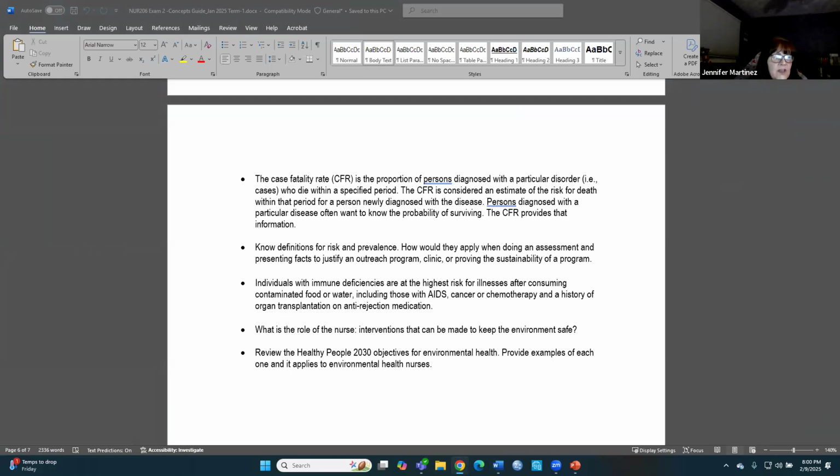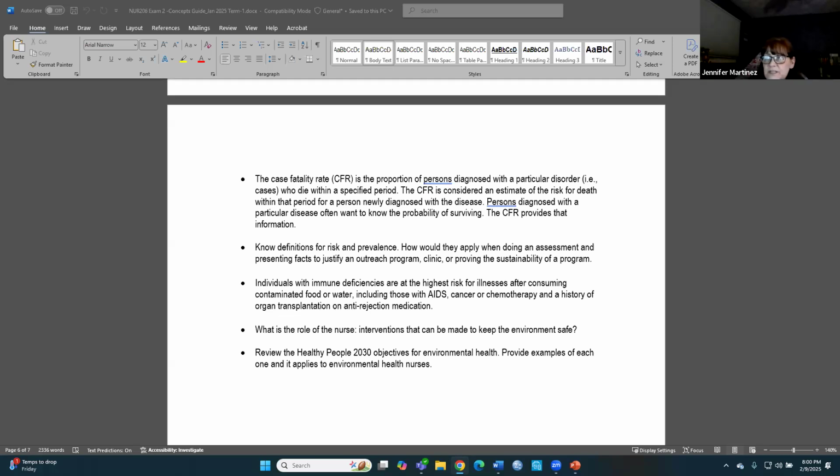Think of statistics regarding certain cancers, or other disease processes, right? What the average survival rate is. That is kind of what that means, right? They're diagnosed with a certain disease, and this is how long they have survived.